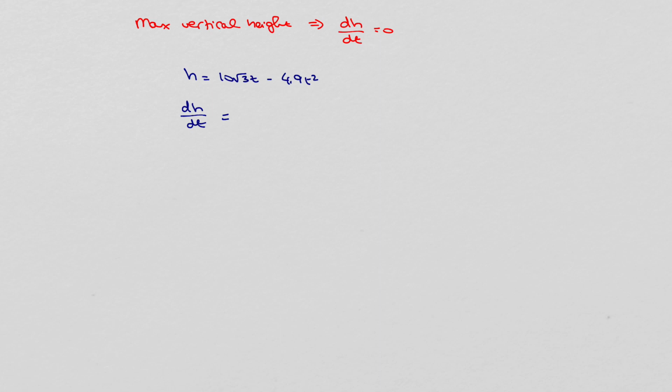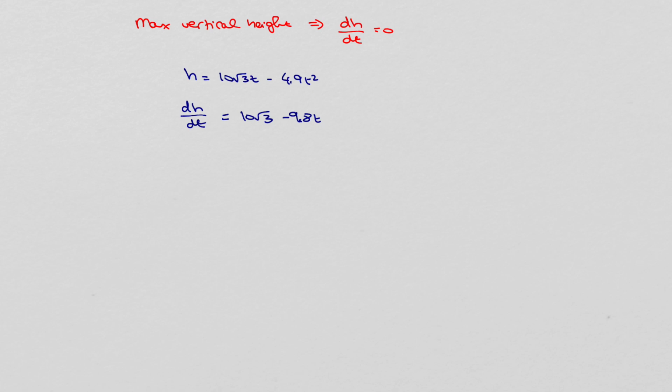So to find the maximum vertical height, essentially we're going to be differentiating. So in other words, we're going to be getting dh dt, and we're going to have to let it equal to 0. Okay, so if h is equal to 10 root 3t minus 4.9t squared, then when I differentiate with respect to t, that gives me 10 root 3 minus 9.8t.